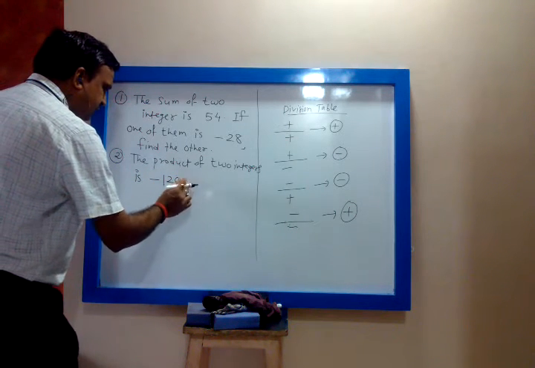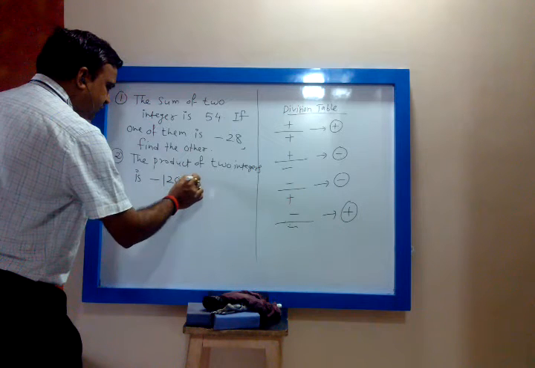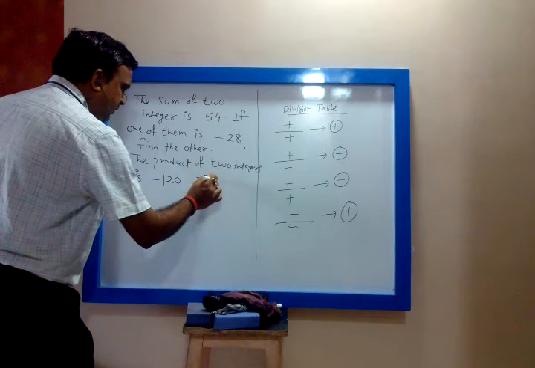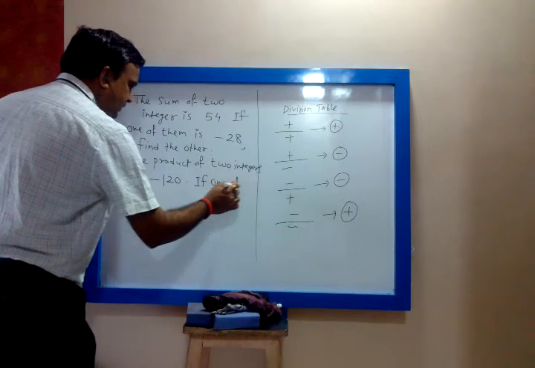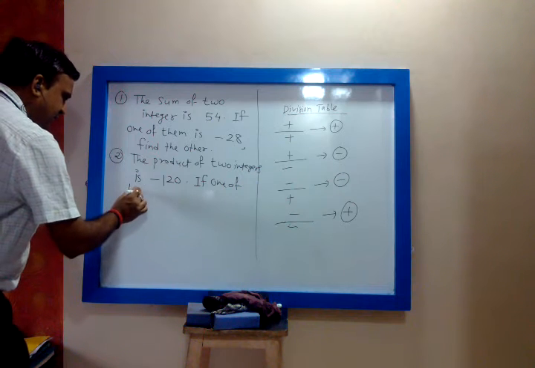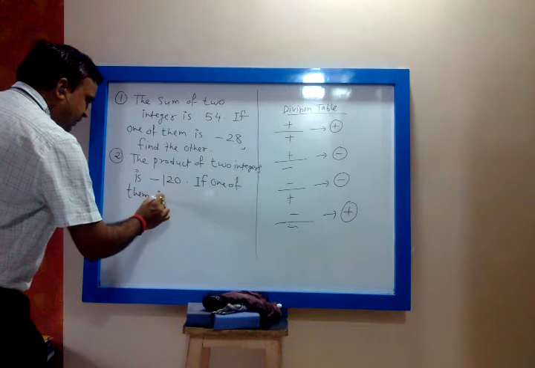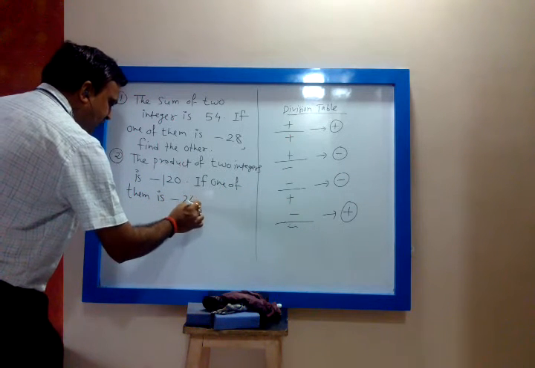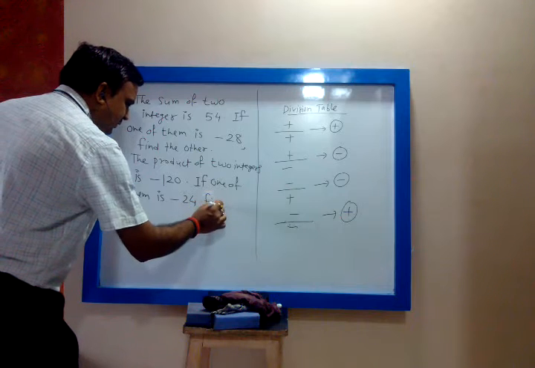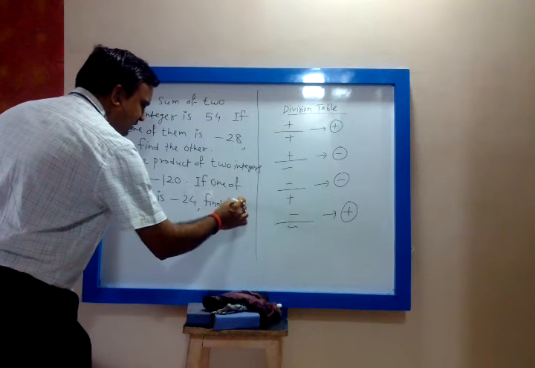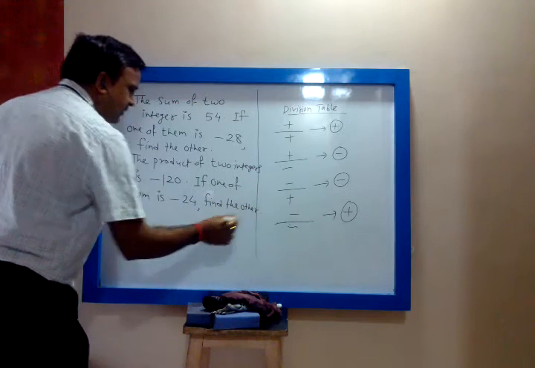If one of them is minus 24, find the other. One of them is minus 24, find the other.